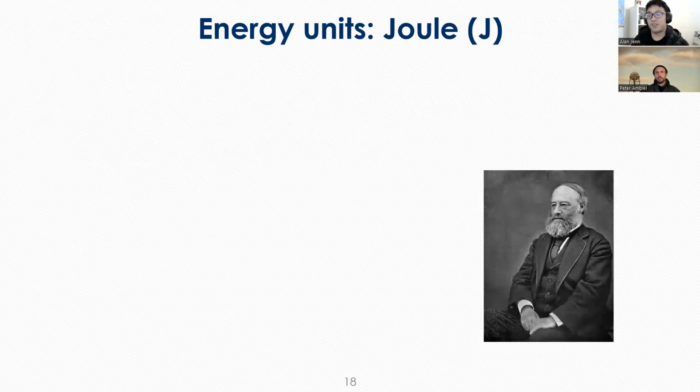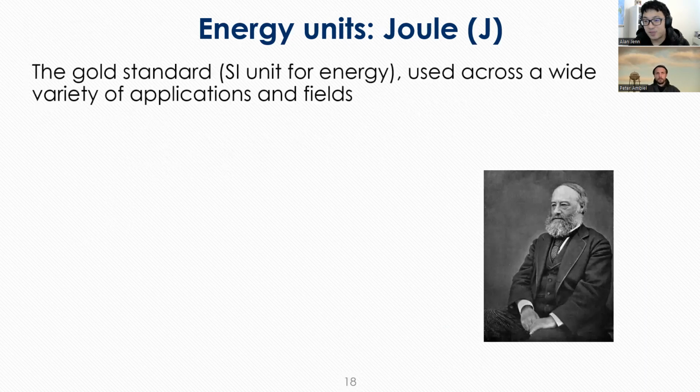So the first energy unit is the joule. This is probably the most common one, and hopefully one that everyone has seen before. This is kind of your gold standard for energy units. This is the international standard, or SI unit, for energy, and this is used across a very broad set of applications and fields.